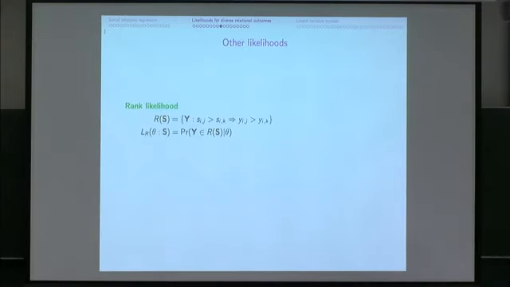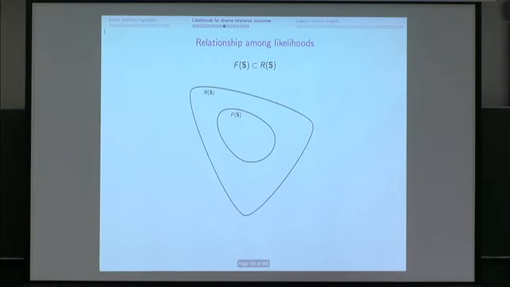There are other types of likelihoods you could use. You could just use a rank likelihood. In other words, you just say, I saw this person I scored J higher than K, so that just means that Yij is higher than Yik, and ignore the censoring and things like that. Also, there's the binary likelihood. This is a likelihood you get if you just ignore the censoring. So there's two other likelihoods you could use. Here's the idea.